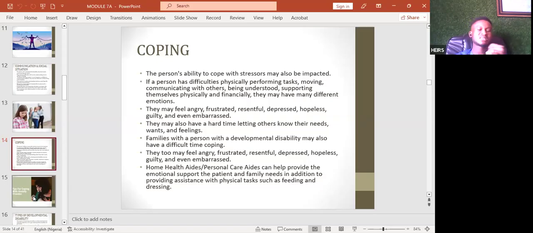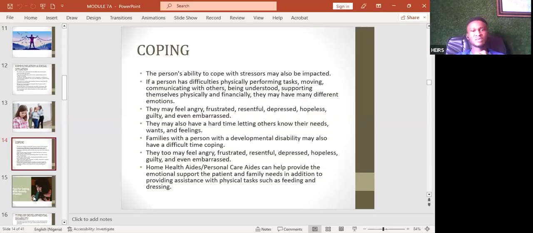Then secondly, there is factually no one to hear them out. And that is why as health aides, we come into these lives to help them, because literally nobody's ready to listen to how they feel. So it makes it even more frustrating for them.